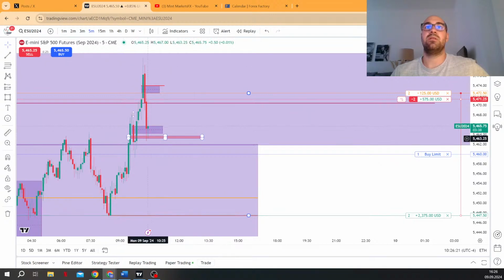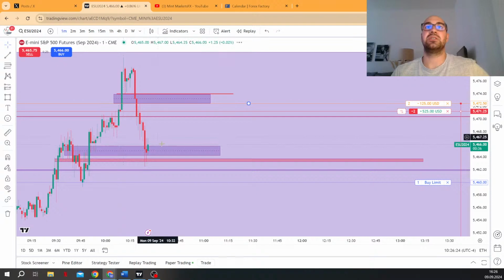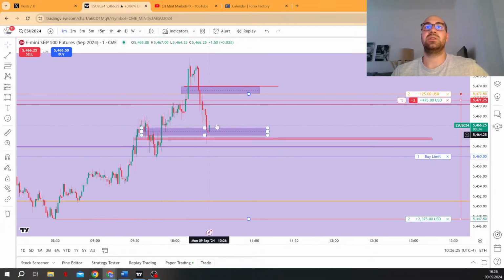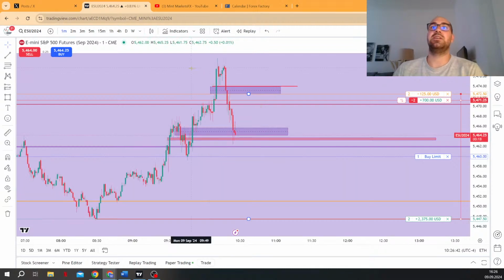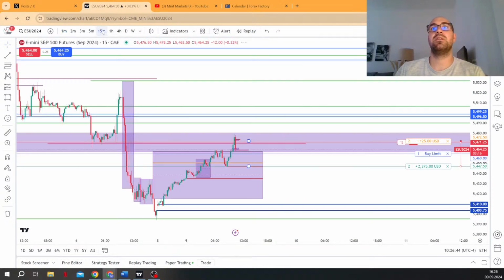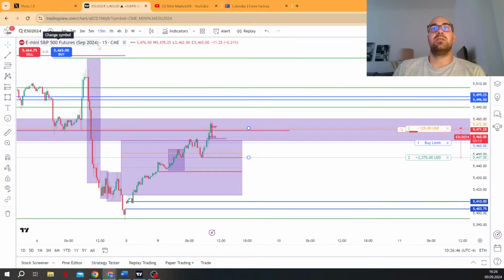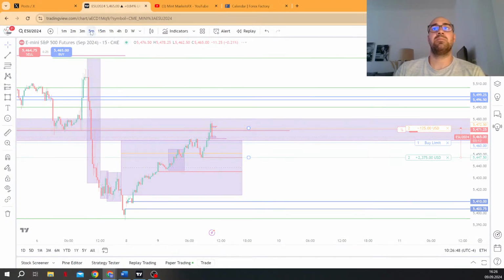And we are at the first presentation fair value gap here. So let's see if we can get a retracement here. We are back in this inversion fair value gap here. I want to see it trade through this inversion fair value gap and through this first presentation. And the trade is, in my opinion, set up perfectly.